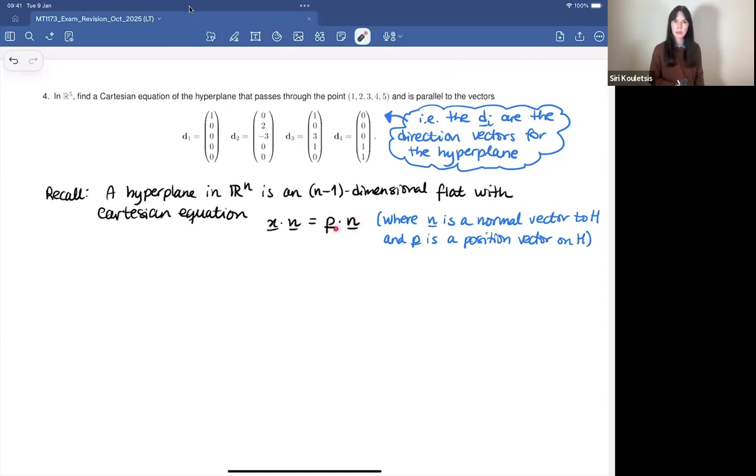We already have P, so all we need is to find a normal n to the hyperplane. And so think about how these direction vectors for the hyperplane are related to the normal. That's the key here. Once we have figured that out, then we are well on our way. So just have a think about that.